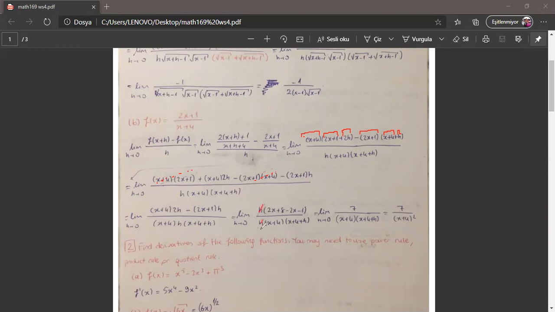So we simplify these ones and get this, and now we have, you see, we have 2x minus 2x, so we have 7 over this. Now we just put h equals to 0 and get this. So this is the derivative of the given function.